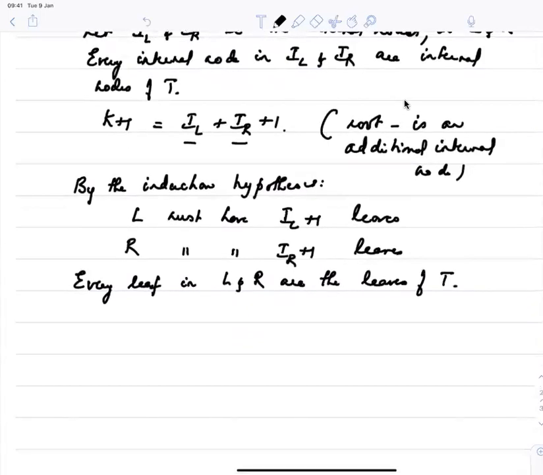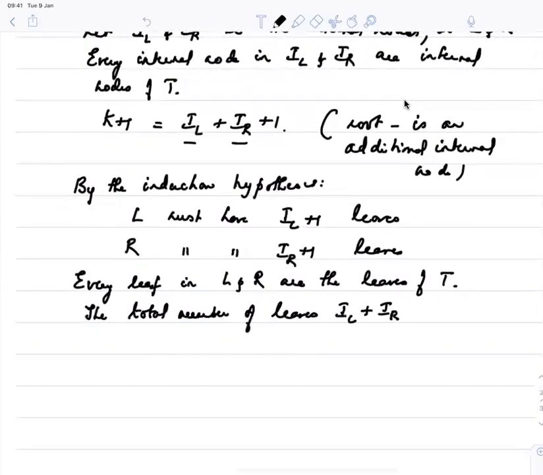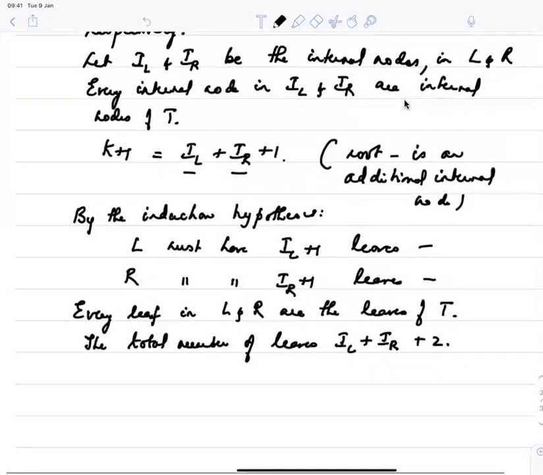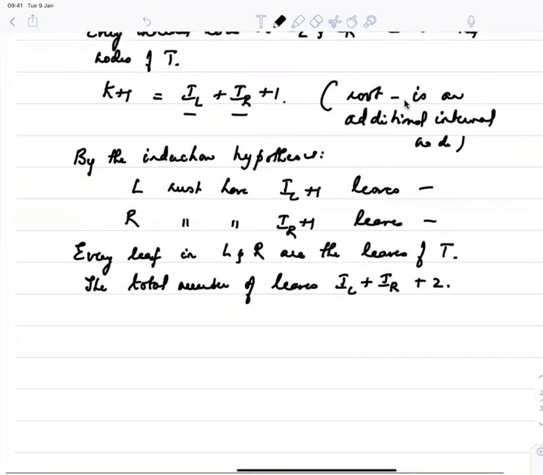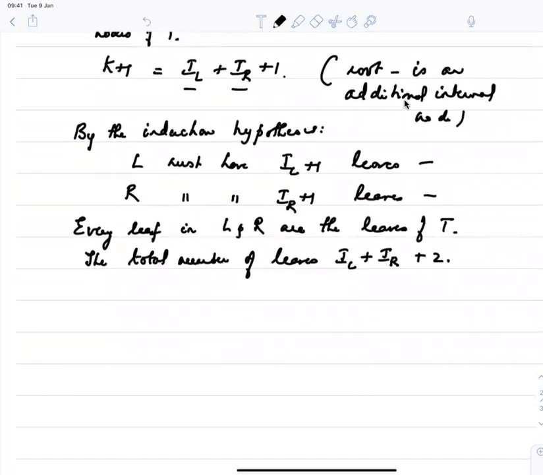So what do we have? The total number of leaves is IL plus IR plus 2. Why is this true? Because of the induction hypothesis, we are looking at, for example, if you remove the root node, it is at most k, some k.